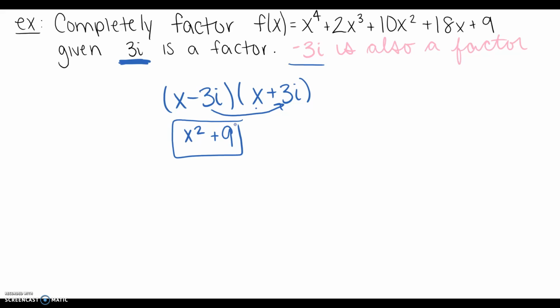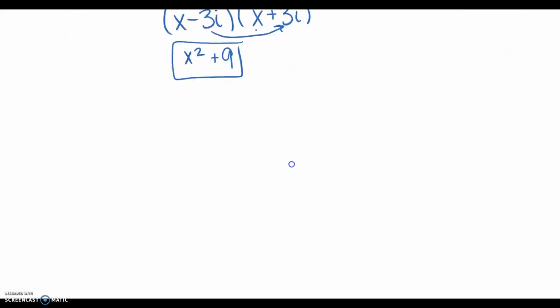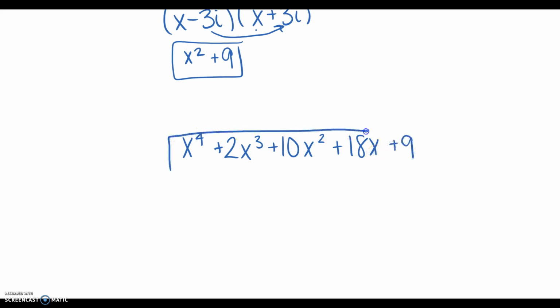So now that I have my x squared plus 9, I can use this to do long division and factor this more. So let's do x to the fourth plus 2x cubed plus 10x squared plus 18x plus 9 divided by x squared plus 9.